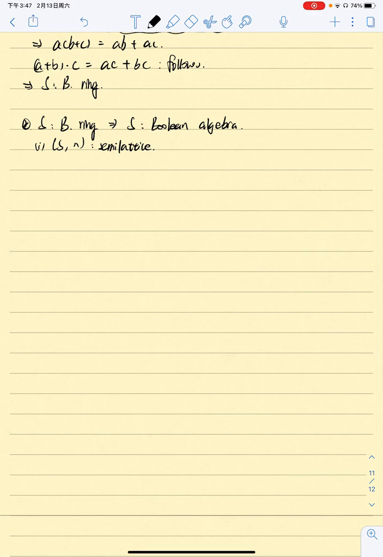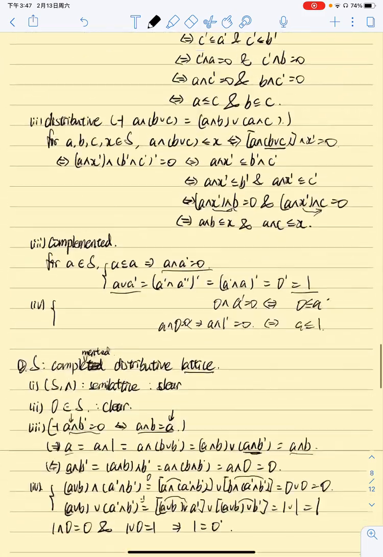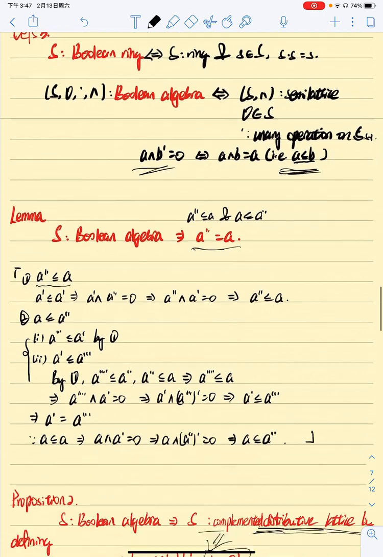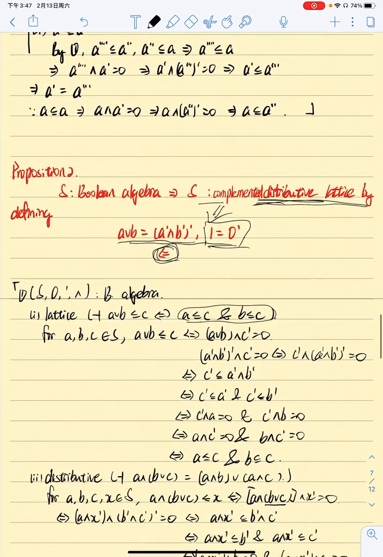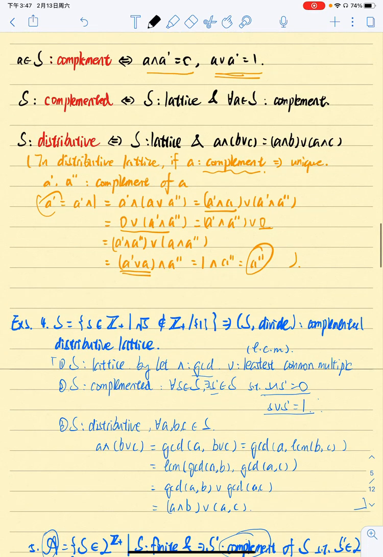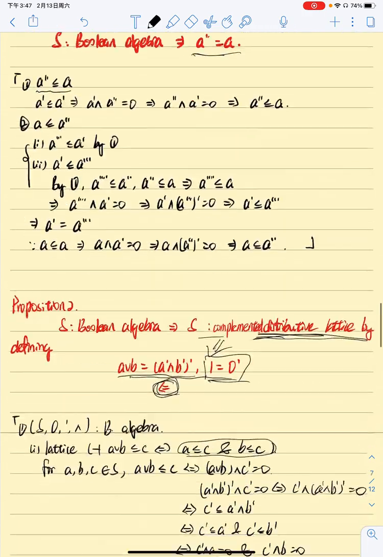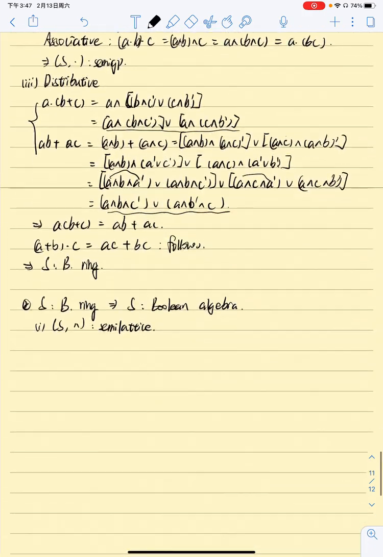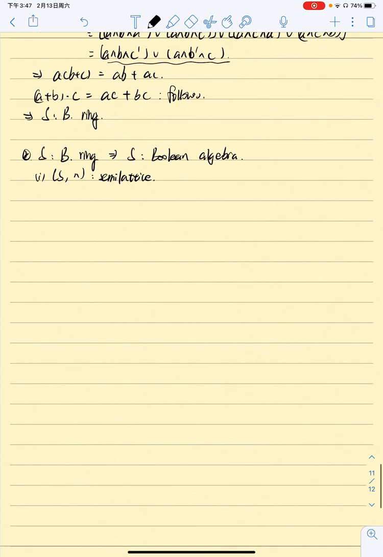Actually, because of proposition 1 here, proposition 2 here, a semigroup can be a semi-lattice.